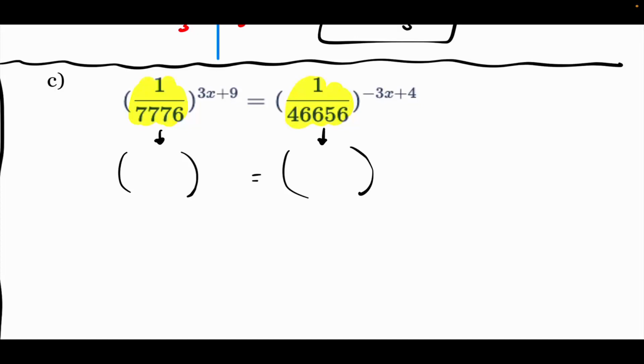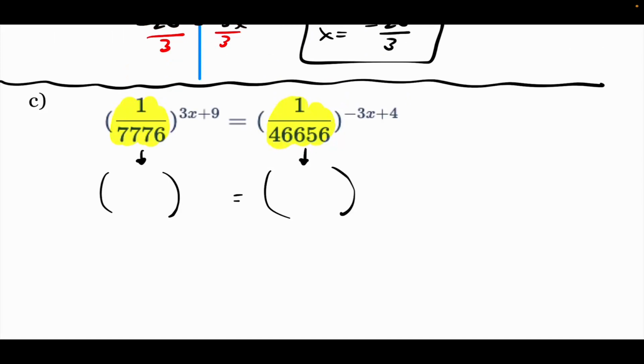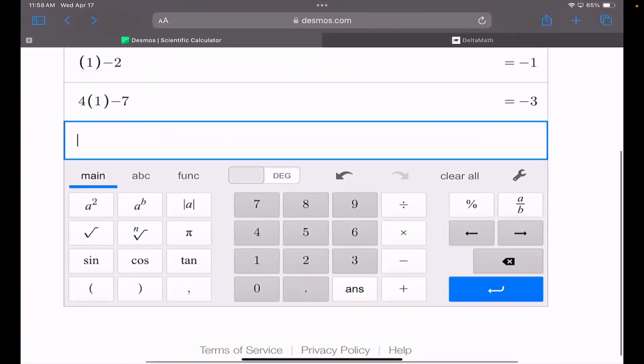7, 7, 7, 6. Let's say 2. And let's pick a big power. 10. Needs to be bigger. Oops. No. 11, 12, 13.